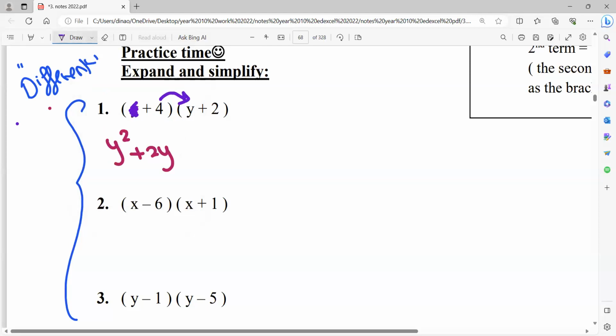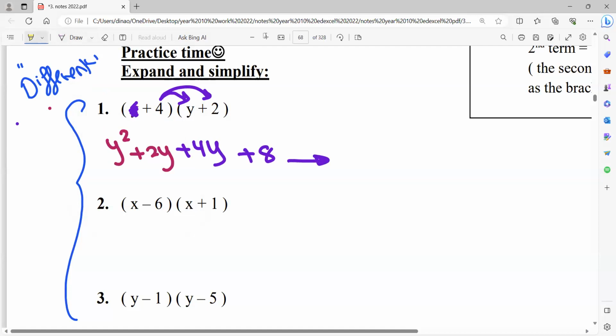Take the 4, multiply by the first term, take the 4, multiply by the second. And always remember that when you multiply, don't put the sign, don't put positive or negative unless you multiply first. So positive 4 times y is positive 4y, and positive 4 times positive 2 is positive 8.